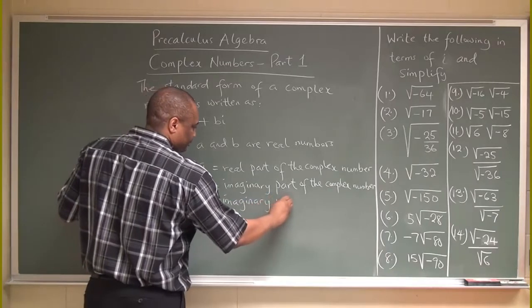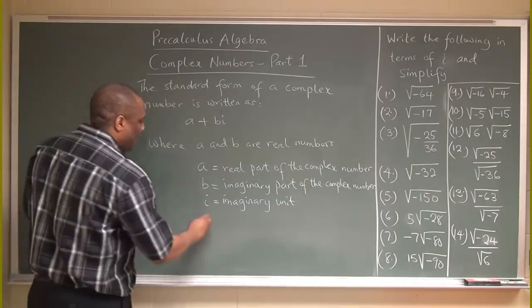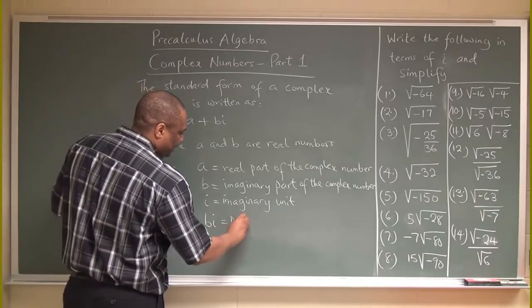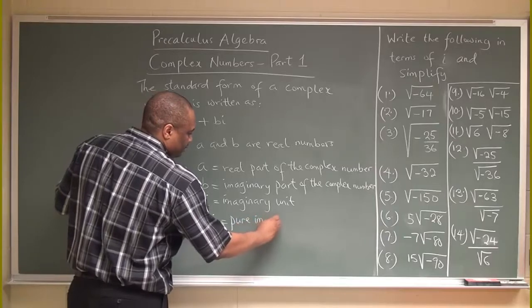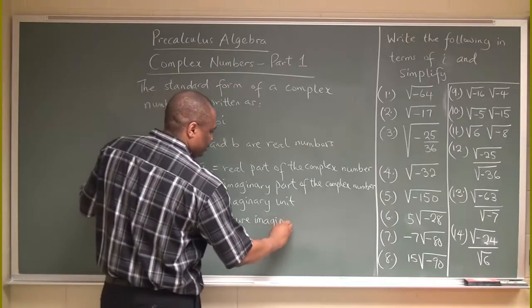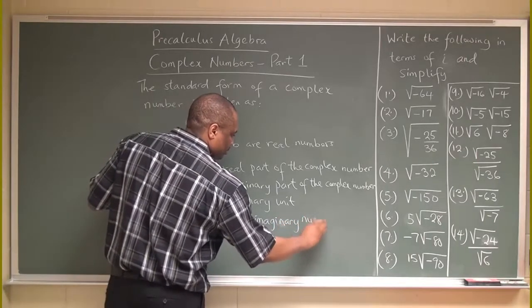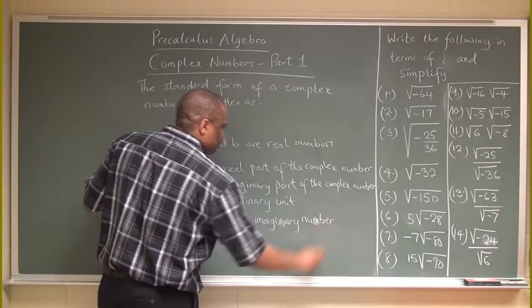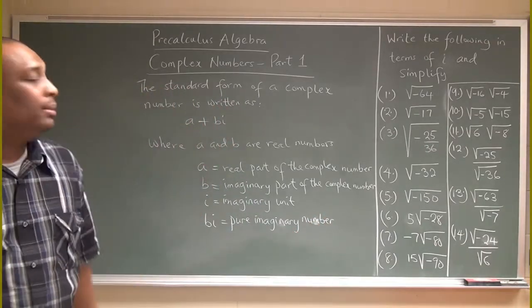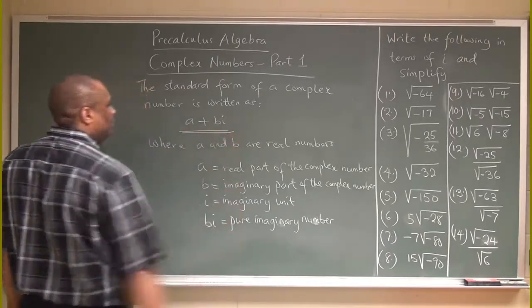BI is known as the pure imaginary number. Okay, so this is the standard form of a complex number, A plus BI.